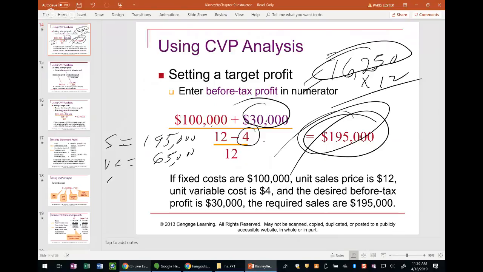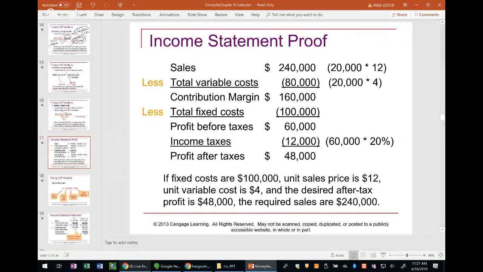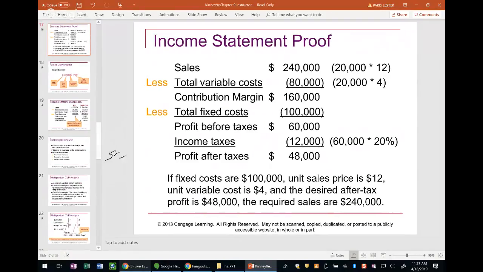That leaves a contribution margin of how much? 195 minus 65. 130.